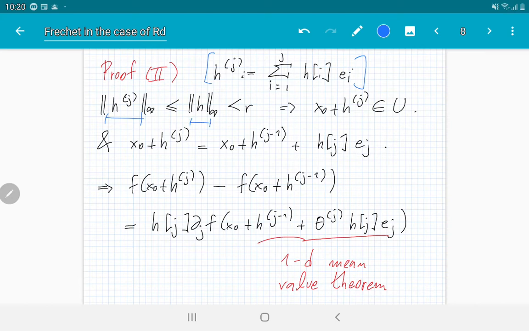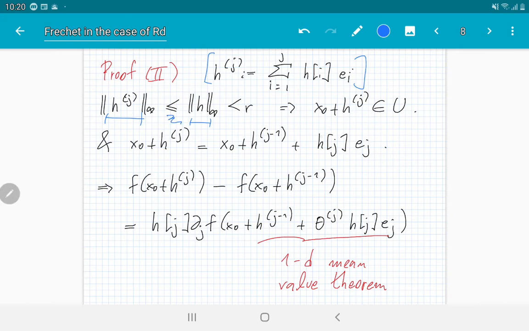Because remember, what is h_j? That's the vector h, except that I make the last few coordinates equal to 0. So the first few coordinates agree with those of h, and the remaining ones are 0. Therefore, its infinity norm, its largest coordinate in absolute value, cannot be larger than that of h. So we have this inequality here.